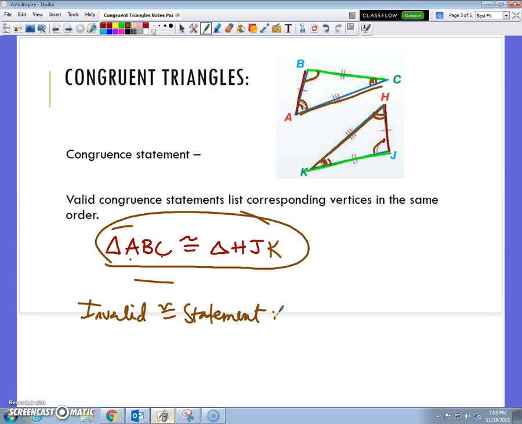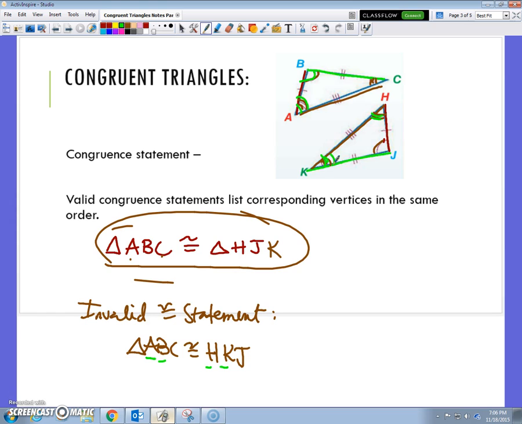If I said that triangle ABC was congruent to triangle HKJ, then we're going to have issues, because if we look at this, A and H, A has 2, H has 2, so far so good. B and K, B has 1, but K has 3. So this would be an invalid congruent statement.